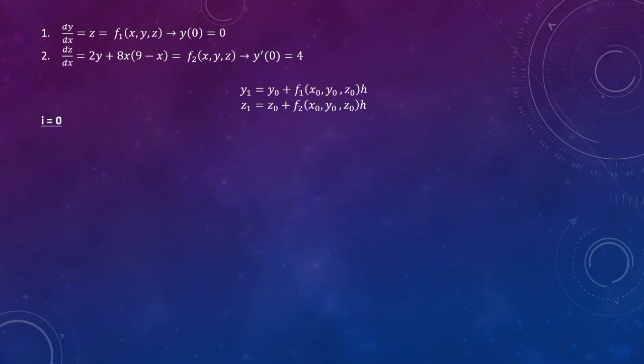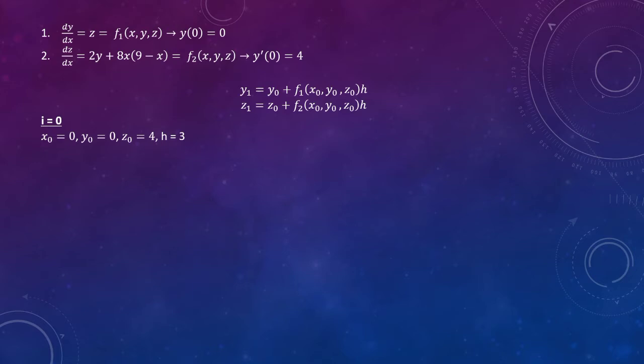At i is equal to 0, we have these given values. x sub 0 is equal to 0, y sub 0 is equal to 0, z sub 0 is equal to 4, and h is equal to 3. If you are wondering where we got this value of 4 for z sub 0, z is just equal to dy over dx, if you can observe this in the first equation.